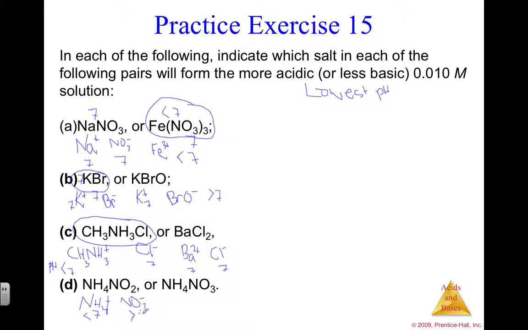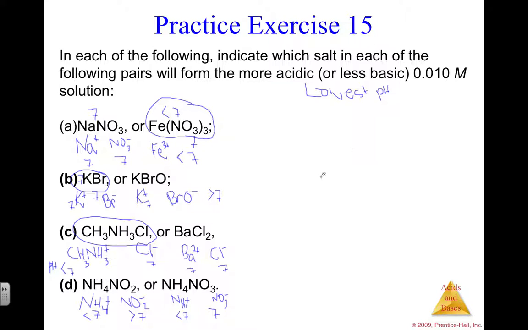Its pH is greater than 7. Over here, ammonium nitrate. I know ammonium is, again, the conjugate acid of a weak base. It's acidic. Its pH is less than 7. And lastly, nitrate, NO3-, is the conjugate base of a strong acid, so its pH is equal to 7.